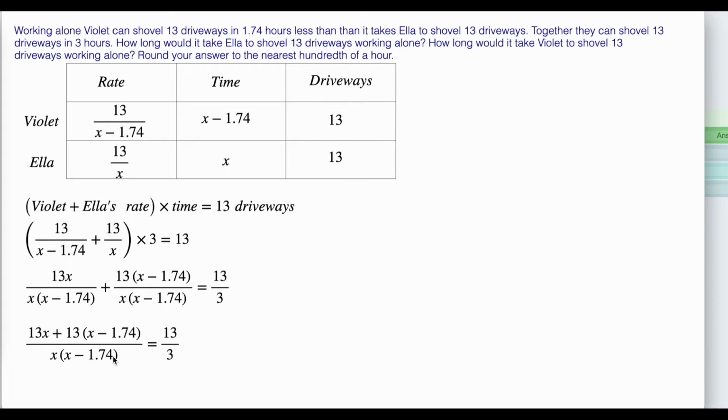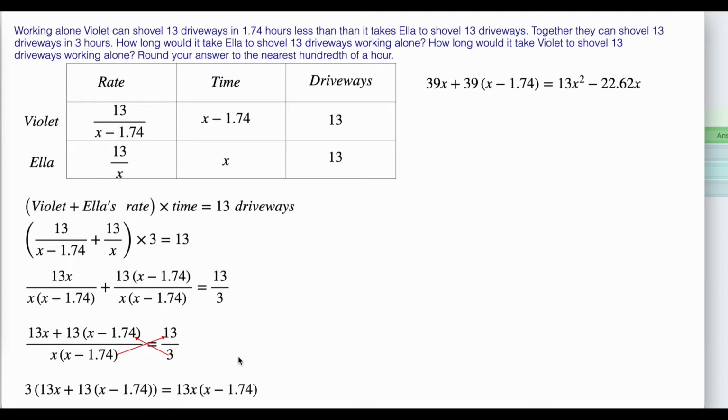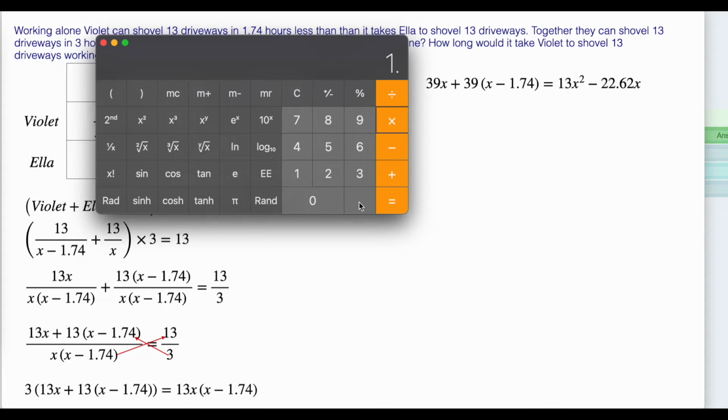I'm going to cross multiply to get rid of the fractions, to get the X times X minus 1.74 off of the denominator. Cross multiply, that gives us 3 times 13X plus 13 times X minus 1.74 is equal to 13X times X minus 1.74. 39X plus 39, so 3 times 13 is 39 in both cases, times the open bracket X minus 1.74 is equal to, on this side the 13X multiplies the X, giving us 13X squared, and the 13X multiplies 1.74. 13 times 1.74 is 22.62X.